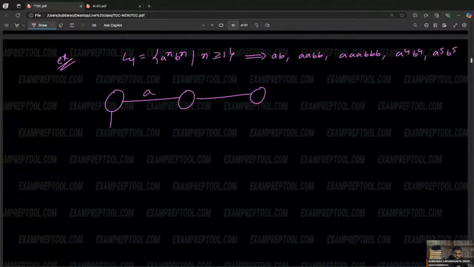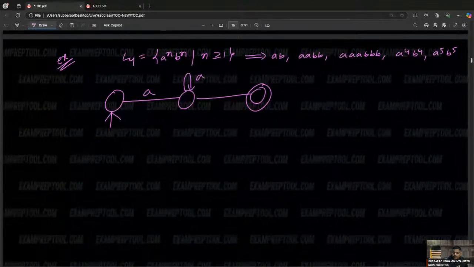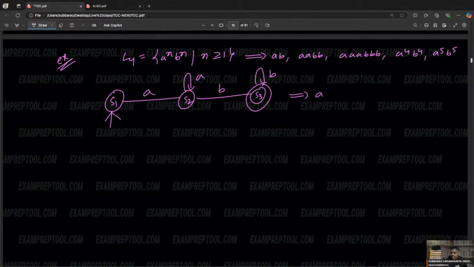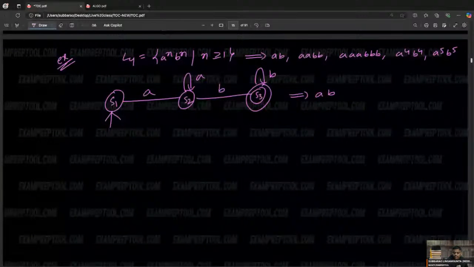S1 is the starting state. Assume the last state is final. A followed by any number of A's, then B followed by any number of B's. This is the S1 state, this is the S2 state, this is the S3 state. This automata accepts single A, single B. How? Start from the starting state.